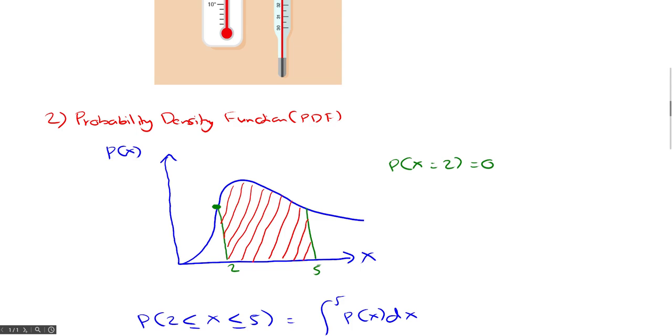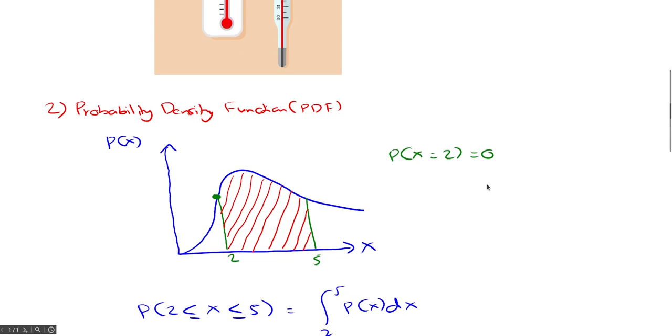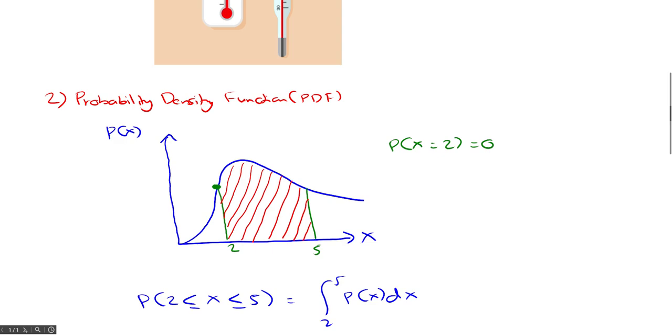In fact, the probability of a continuous random variable taking a specific value is always 0. So, if you're thinking about the probability of x equals 2, it's basically 0. But here's the twist. The probability that the random variable falls within a range of values is not 0.